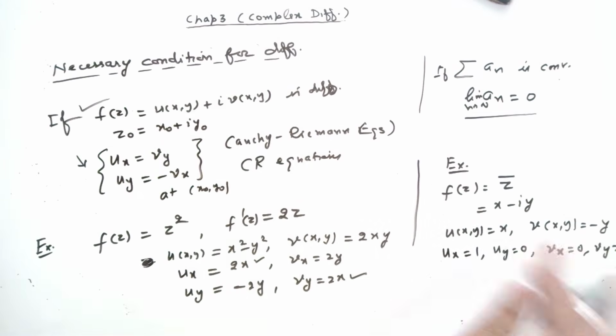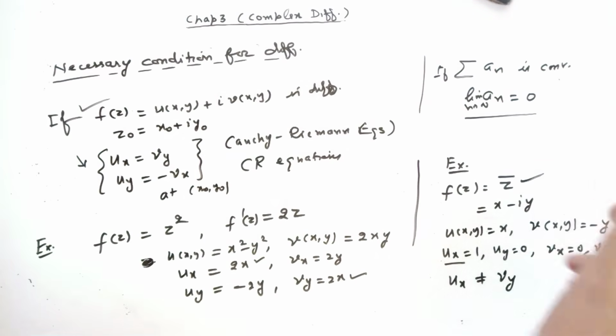Because at the points where CR equations are not satisfied, you can certainly say that the function is not differentiable. So ux equal to vy not true for any x, y. You need not look at the other equation. The other equation is satisfied, but ux is not equal to vy for any x, y. So this function is not differentiable anywhere. So this way you have to use the necessary condition for checking the non-differentiability, not differentiability.